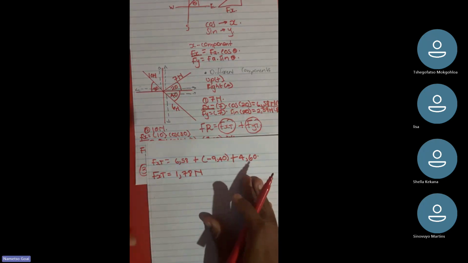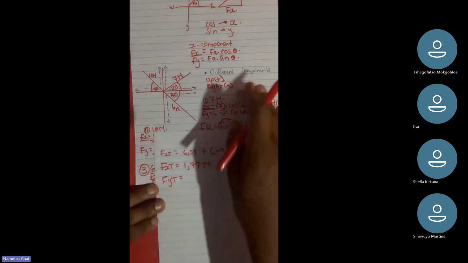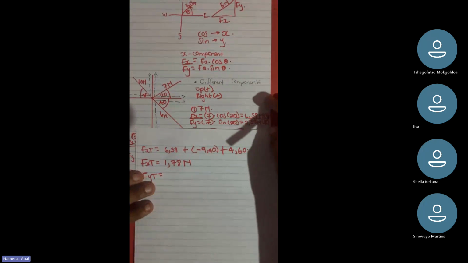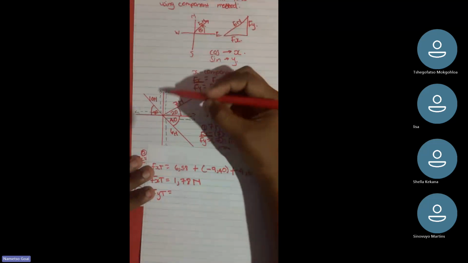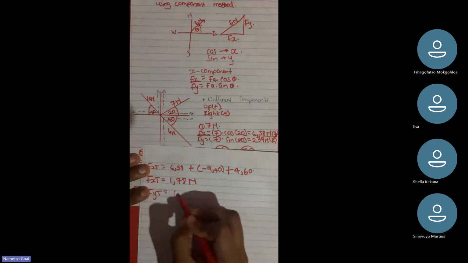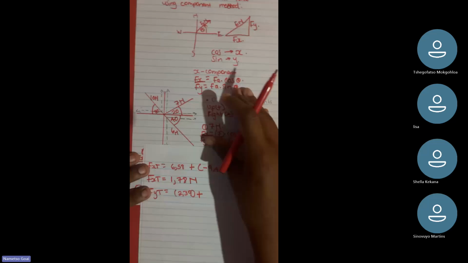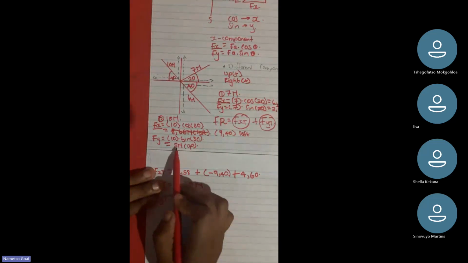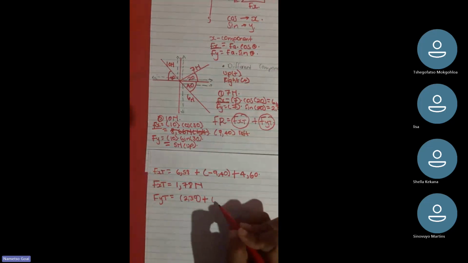This is our Fx total, the total components on the x-axis for the three different forces. Now we have to do Fy total. We chose up as positive, remember that, right? For the 7 Newton, our y is indeed going up, so it's positive. So we're going to have 2,39 plus, now let's go to the 10 Newton one. It's 5 Newton, and it's going up, so it's positive because we chose up as positive.